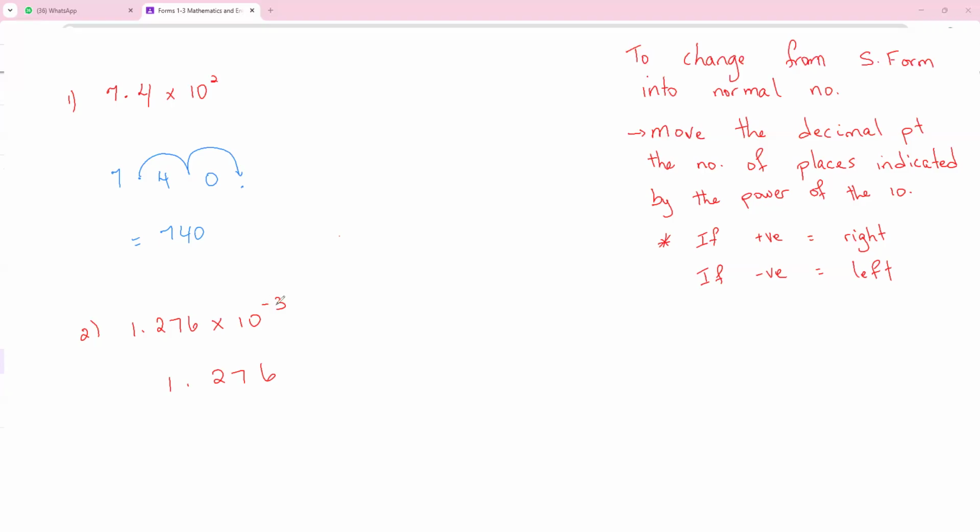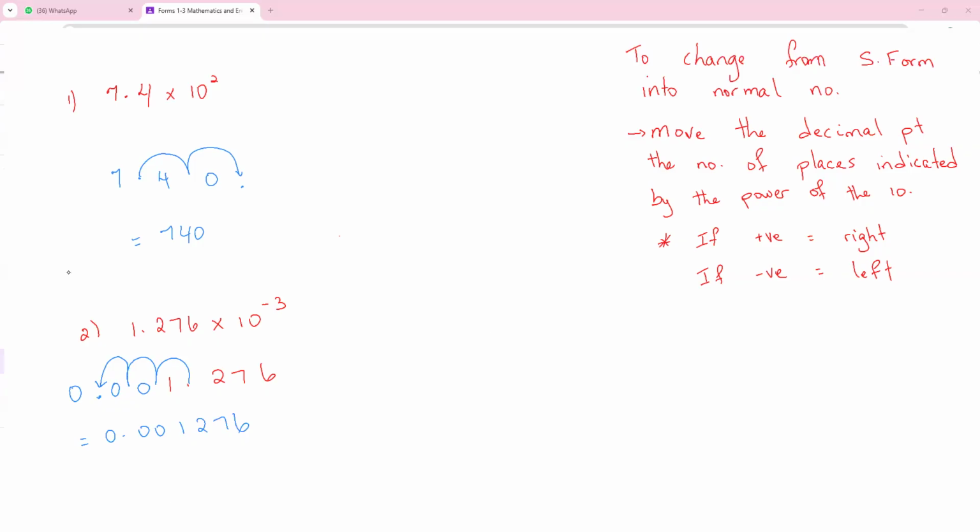So negative 3 means 3 places to the left. So we're going 1, 2, 3. Where you land, your point goes. And every hump, we fill with a 0. Normally, if you have a decimal point, we put a 0 in front of it. So as an ordinary number, this will be our answer.